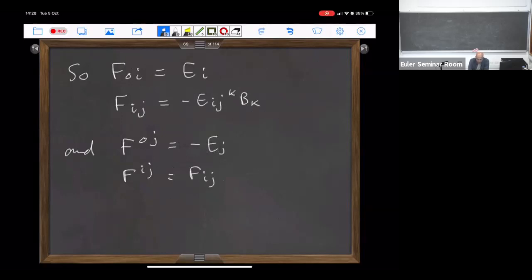If we break down the components of F mu nu, we see that F_0i lower is the electric field, and F_ij is given by minus epsilon_ijk B_k.